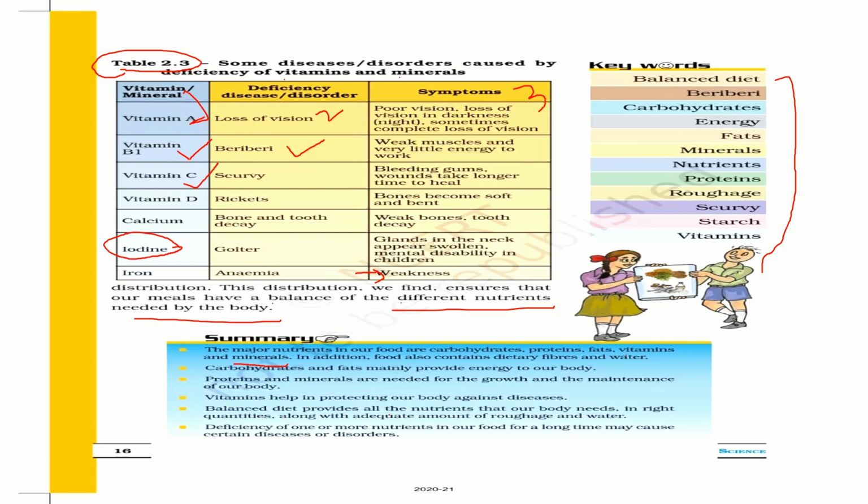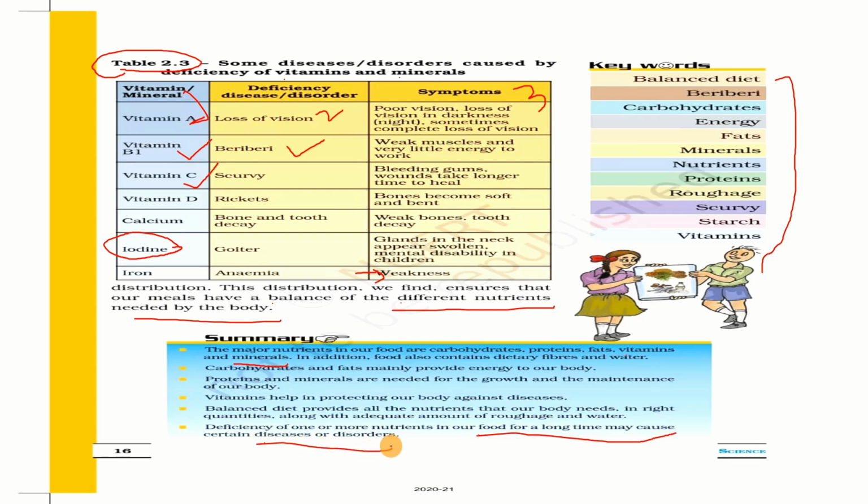A balanced diet provides all the nutrients that our body needs in the right quantities, along with adequate amounts of roughage and water. The next point is that deficiency of one or more nutrients in our food for a long time may cause certain diseases or disorders.